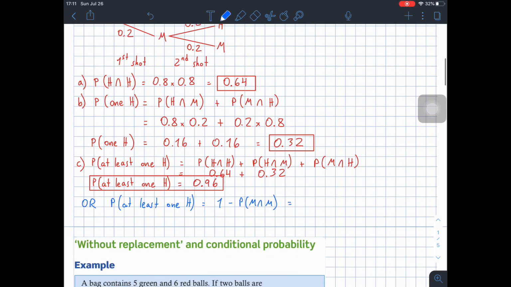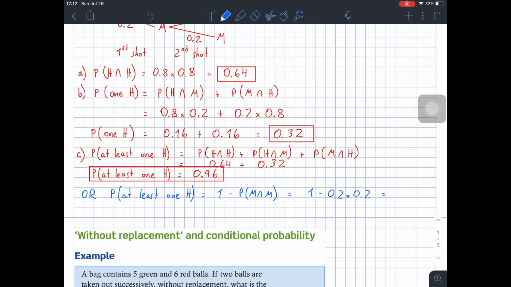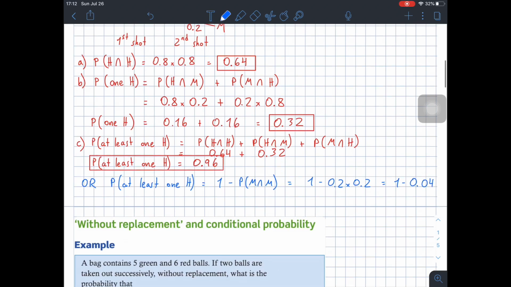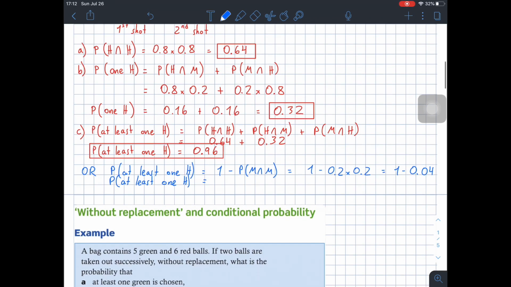So this would be equal to 1 minus 0.2 times 0.2. This is equal to 1 minus 0.04. So finally, the probability of at least one hit is 1 minus 0.04, which is again 0.96.